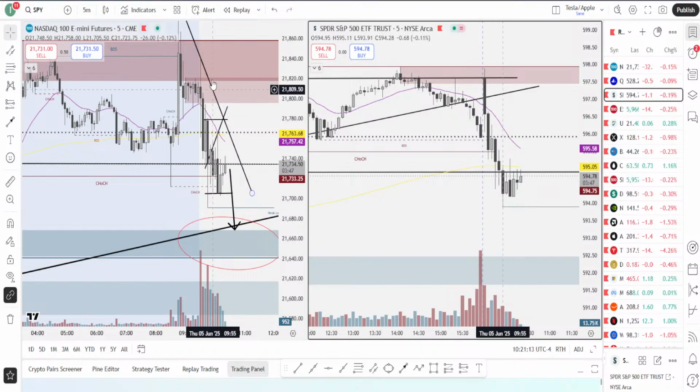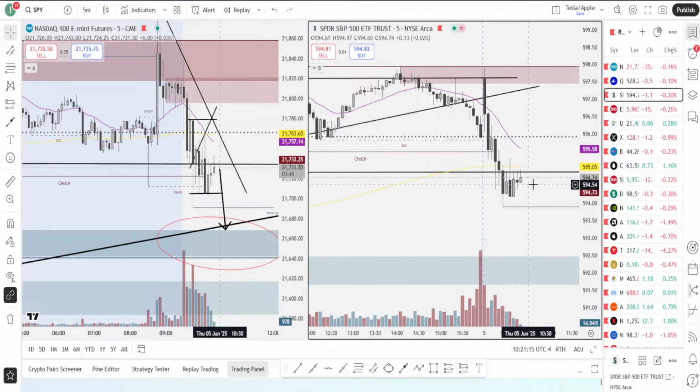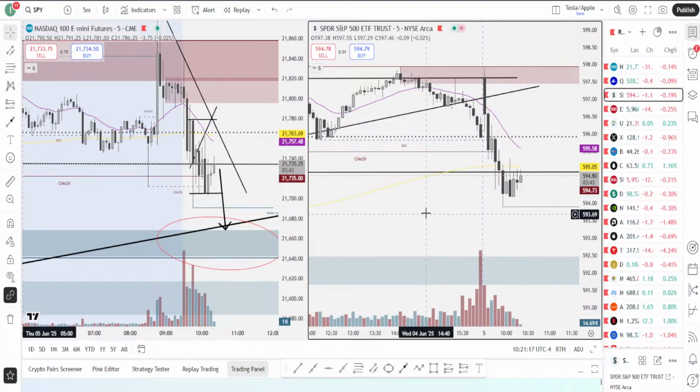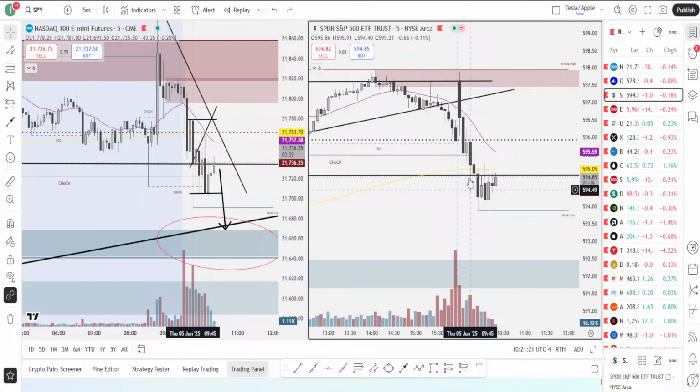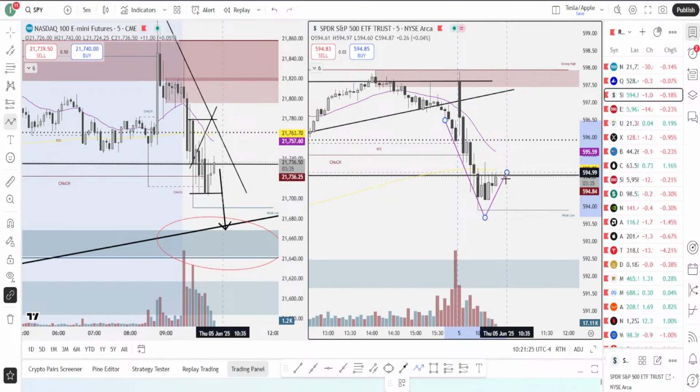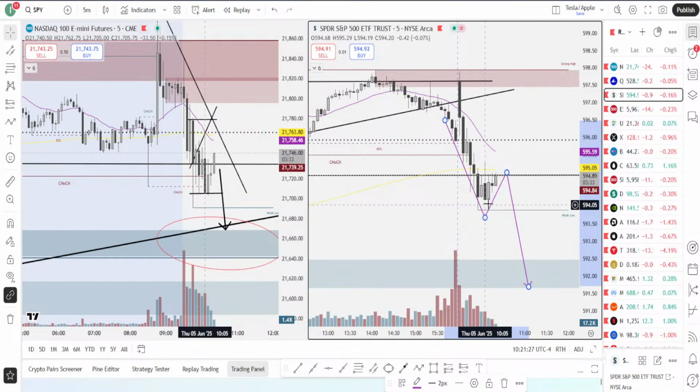We got this very strong move lower. We got the separation of the 21 EMA. This is just a little pullback. That's all it is, just a little one.